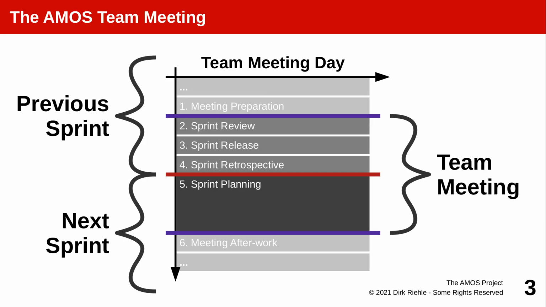And then in the middle of the team meeting, you may want to take a pause, but then there's a switch over, a change from the old sprint to the new sprint. And the first thing you do in the new sprint is sprint planning, to plan the work that you want to do in this new, just started sprint.